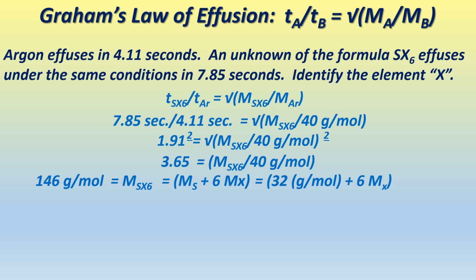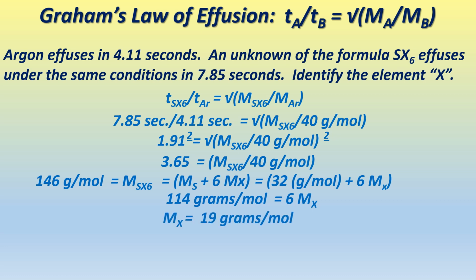That unknown contains one sulfur, which weighs 32 grams, and 6 moles of an unknown. That means 6 of the unknowns would weigh 114 grams. My unknown weighs 19 grams per mole. So the unknown is fluorine, and the unknown compound is SF6.